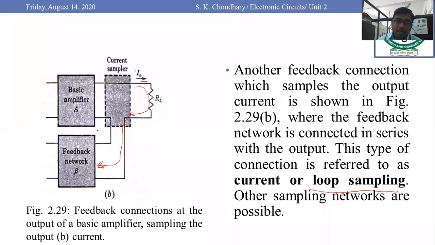So whenever you connect the feedback network this way, making a loop, it becomes current sampling.